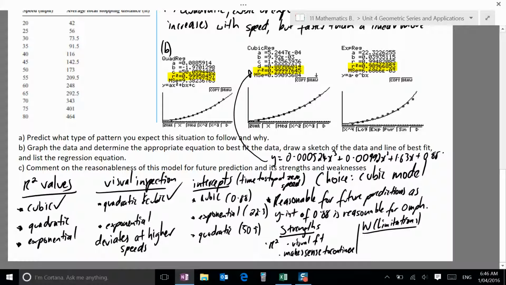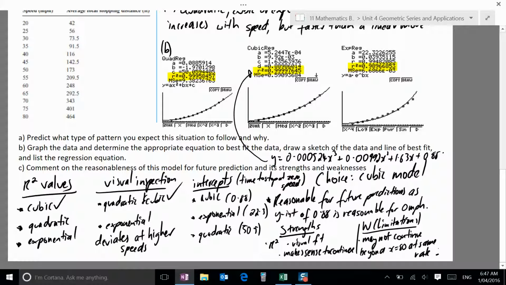Okay, any weaknesses of this? It may not continue beyond x equals 80 at the same rate. So it's something for you to consider.